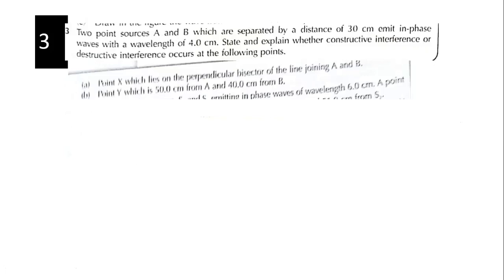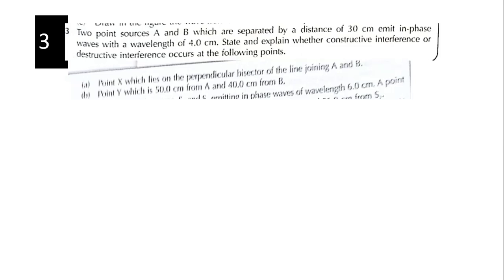Two point sources A and B, which are separated by a distance of 30 cm, emit in-phase waves with wavelength 4 cm. State and explain whether constructive or destructive interference occurs at the following points.